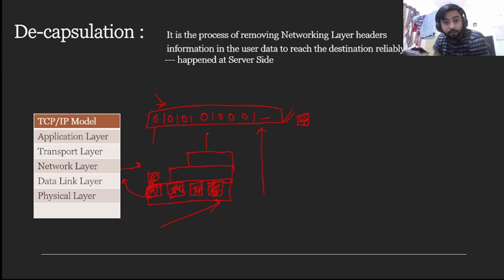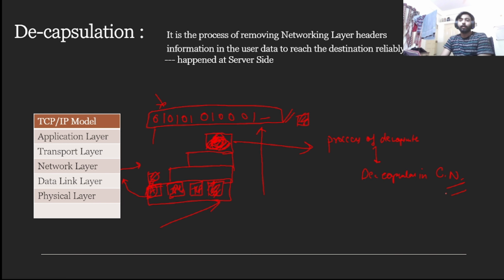And when my friend sees it, he will only see the image. So this process is called decapsulation in computer networking, and it happens again at the server side or in intermediate devices.